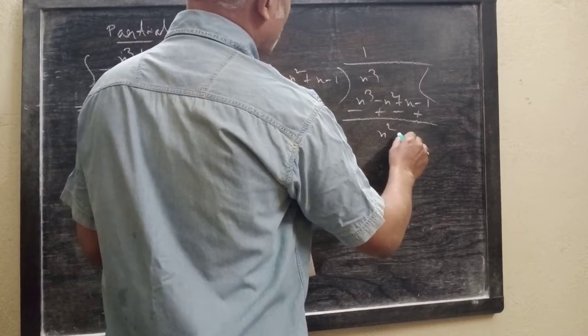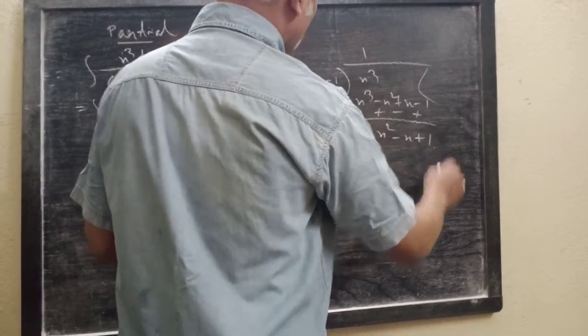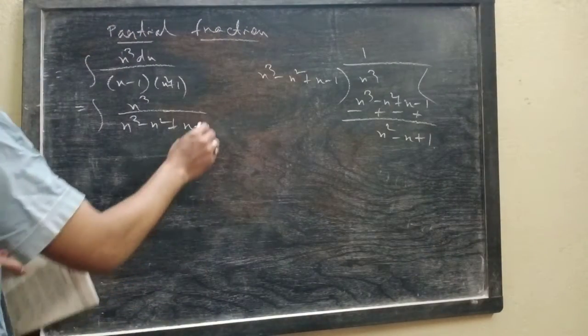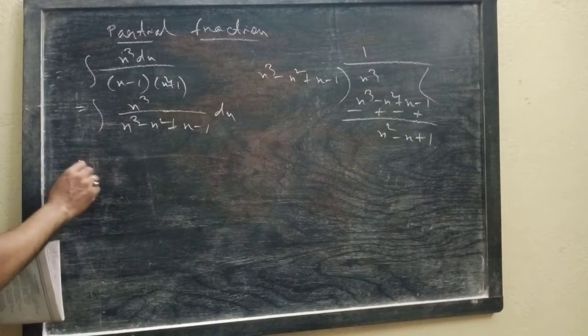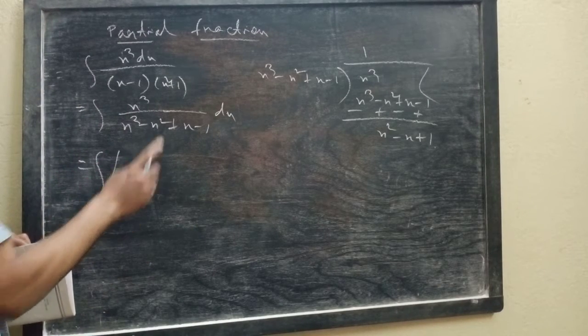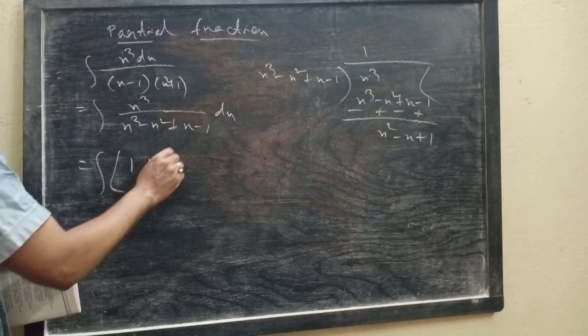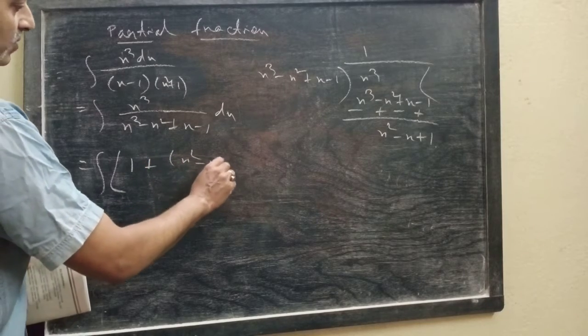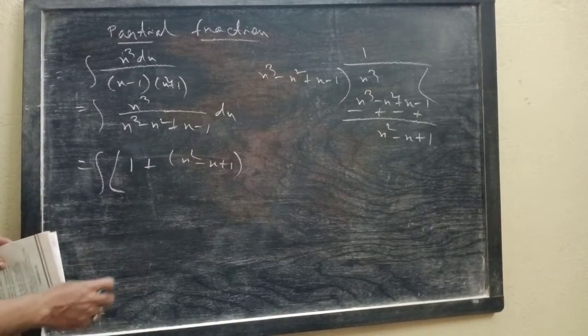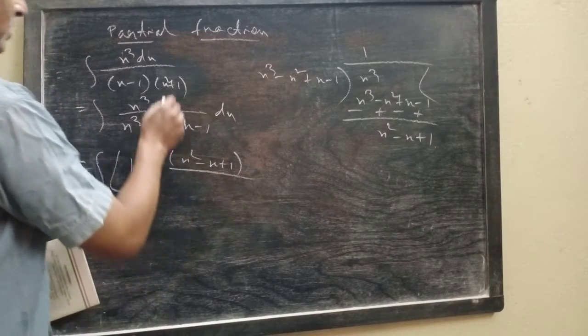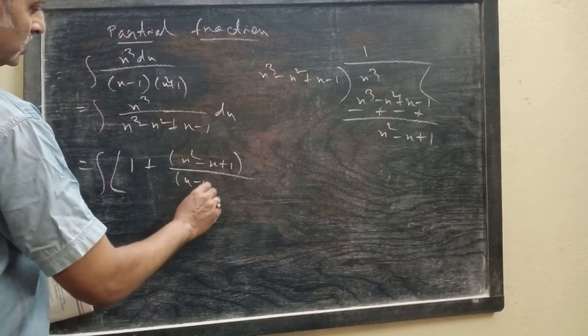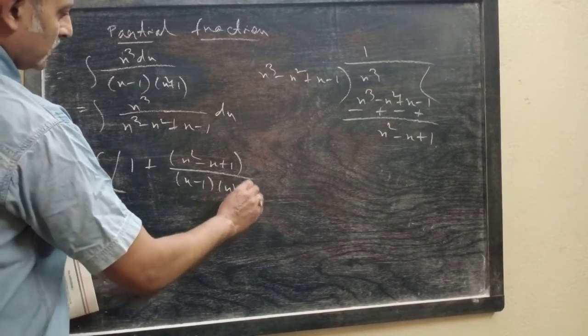So we get remainder x square minus x plus 1. Now here we can write 1 plus remainder x square minus x plus 1 divided by the divisor. Divisor is x minus 1 into x square plus 1.